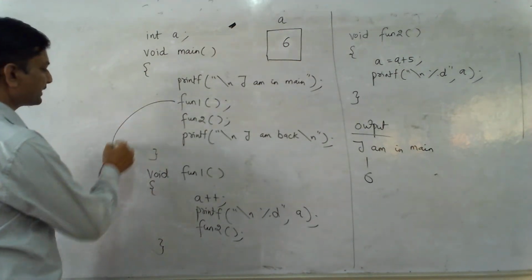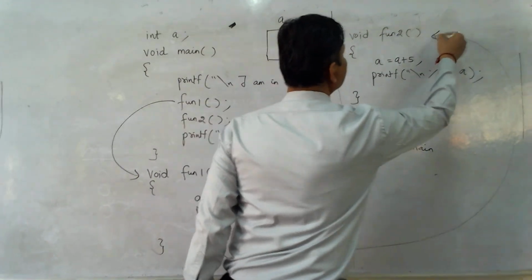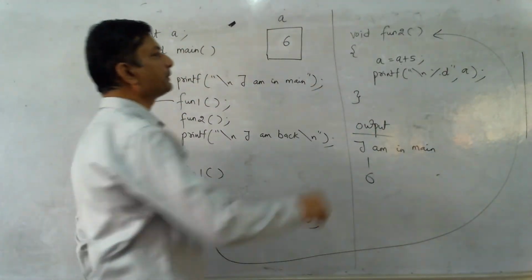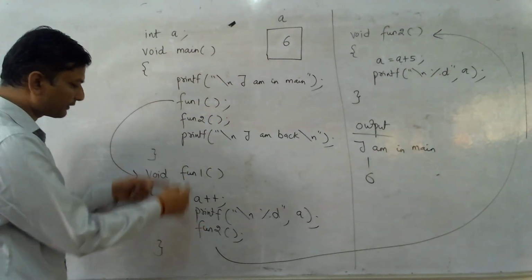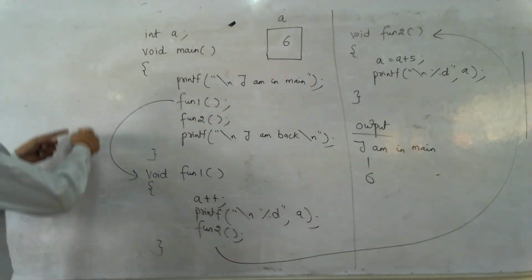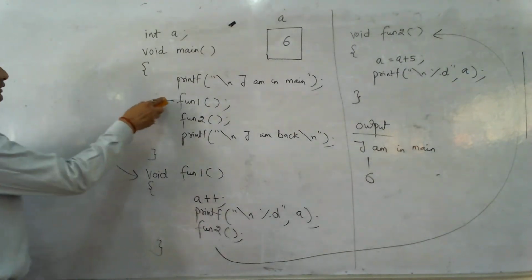From this place it jumped to here, and from this place it jumped to here. So after completing fun1, it will return back to the place from where it came.